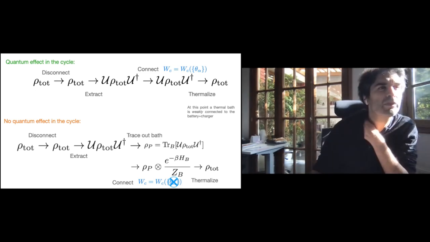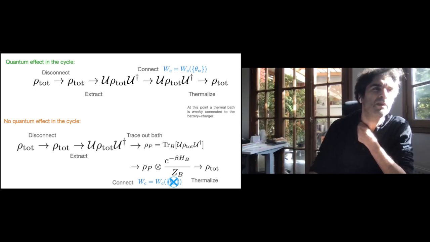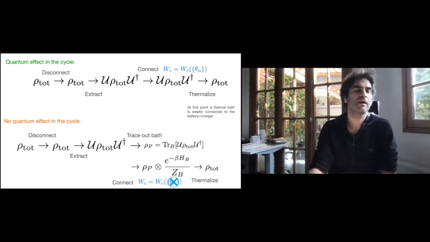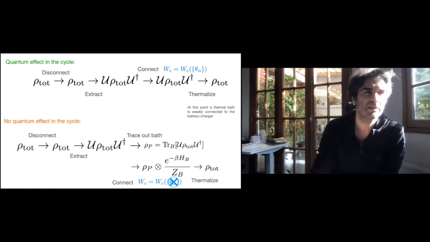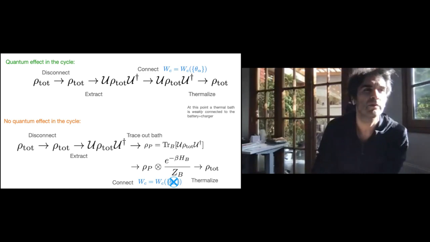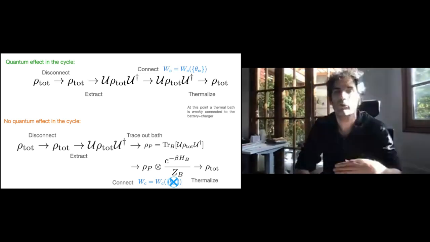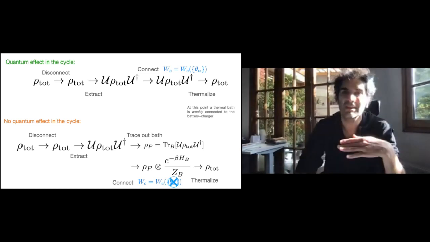But we can also think that if the battery charger is large, the local states associated to this global state will look again like thermal, if we believe there is something like self-thermalization due to the unitary time evolution of the system.